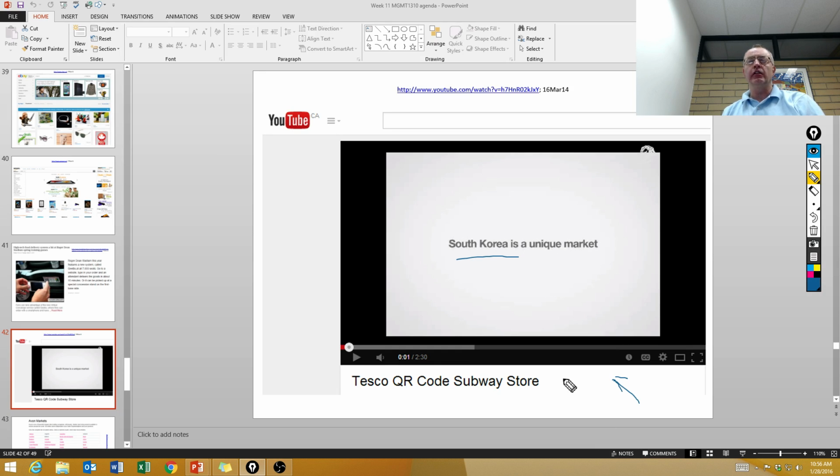So what it is, it's a subway station. So people are walking through the subway station to catch a subway or going home. And on the walls of the subway station, they have pictures of food. And there's QR codes on the pictures, and people use their smartphones to place orders from the subway station, and then the food gets delivered to their homes.